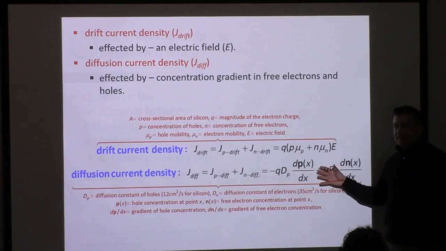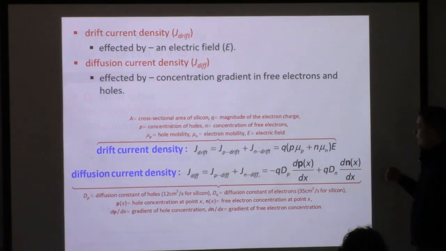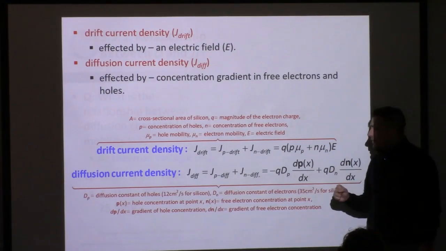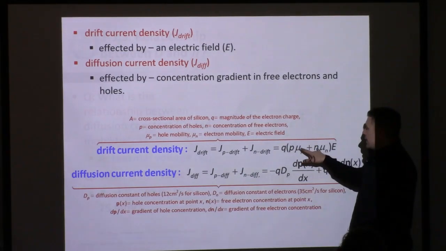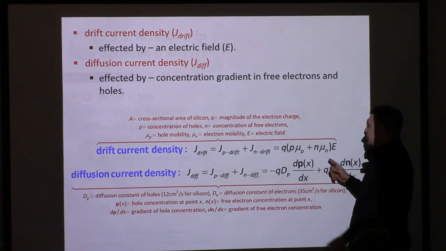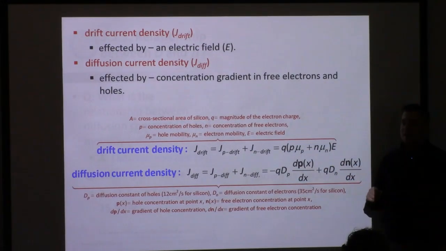We've already spent a decent amount of time describing these equations and working with them in examples. And so we can see just one last pass through. Drift current density is equal to Q times the charge carrier concentrations times the mobilities times the electric field intensity.